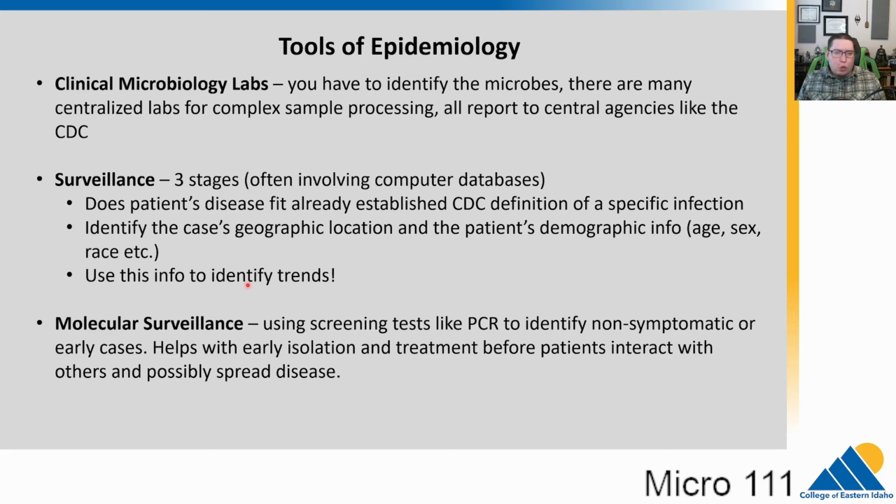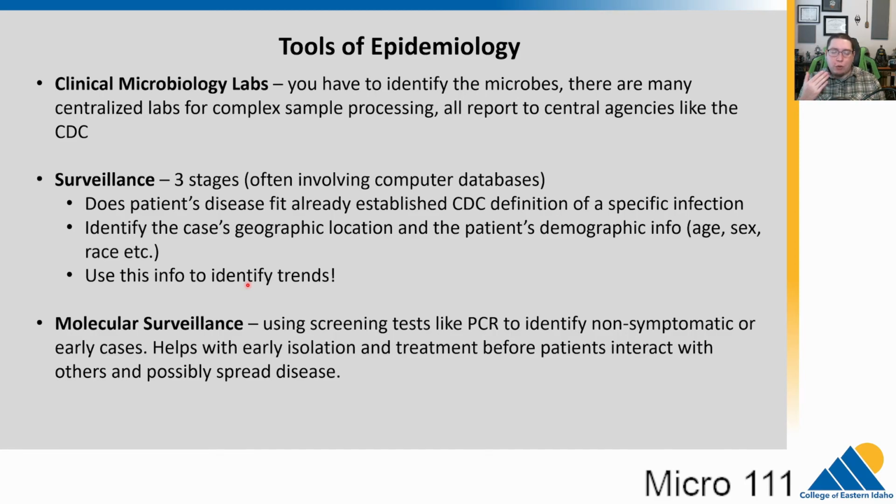Surveillance has 3 stages, and often this involves databases, and computers make databases so much easier to work with. We're looking at several different things. First off, does the patient's disease fit into an already established CDC definition for a specific infection? So whooping cough, right?